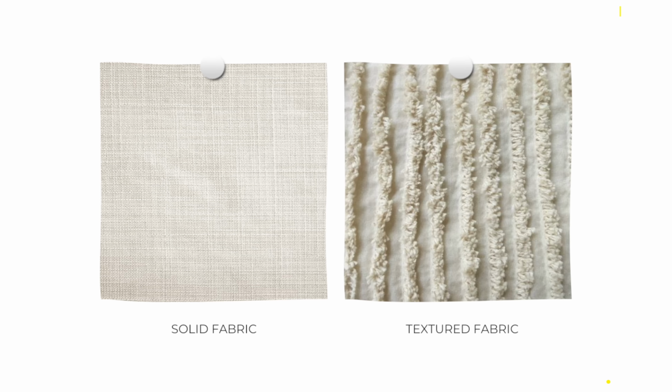The good thing about this rule is that it can be applied in your entire home, from your sofa to a table setting. Here are some ideas on how to use this rule at home. You can play with different texture fabrics when stylizing your sofa.